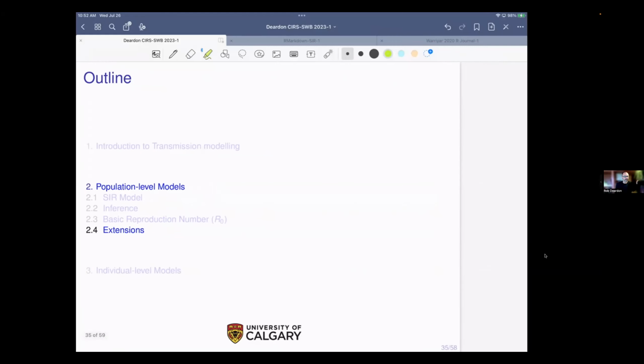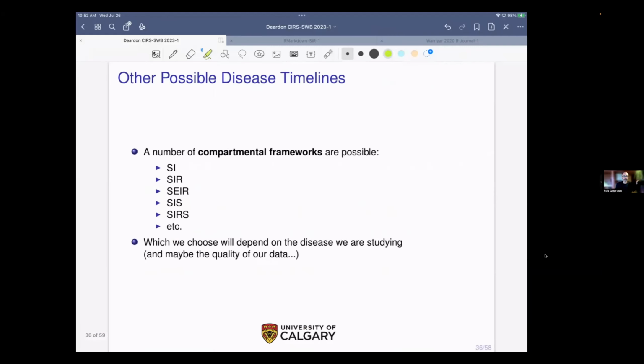Okay, how are we doing? Well, I'm going a little bit slow, but I do want to talk a bit about some of these extensions. I'm going to go over these quickly because really I've just introduced you to the classic disease model, but there are lots of different possibilities. So one of the possibilities is to change that compartmental framework, or the number and types of states.